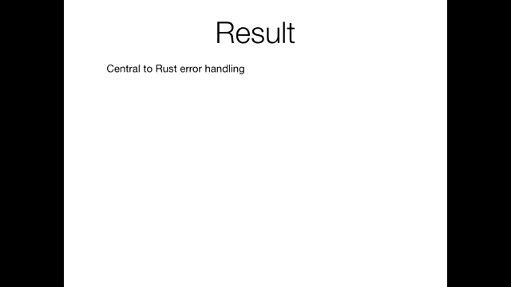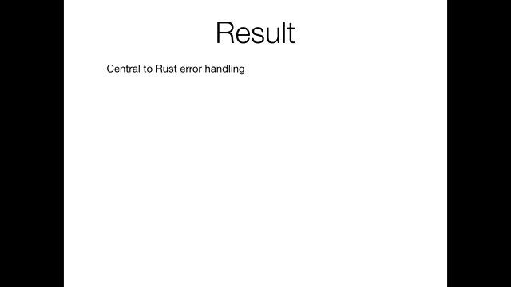Excellent. Okay, so the result type is absolutely central to Rust error handling. Essentially, it is Rust's error handling story. We're going to go into a little bit of detail right now about how you can use it ergonomically, and then we're going to see a bit later in the talk about designing error handling, but it's result that's really important.